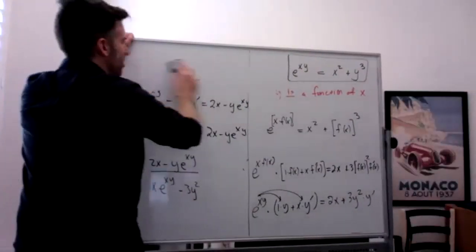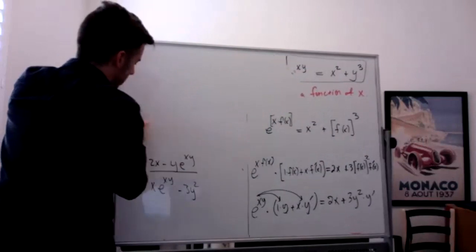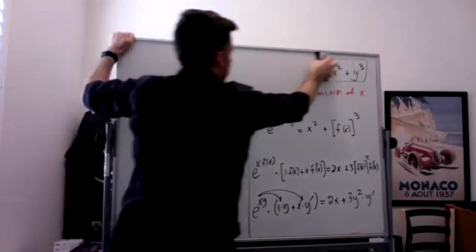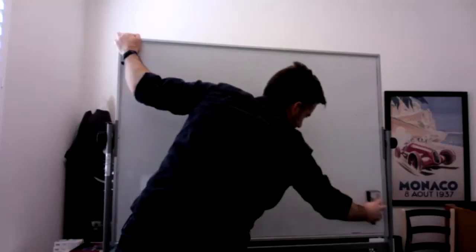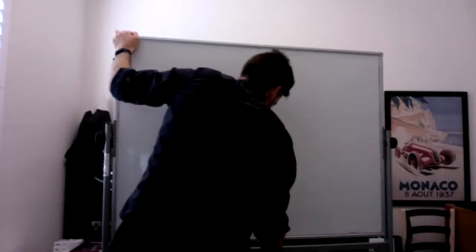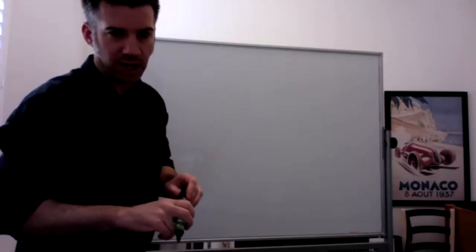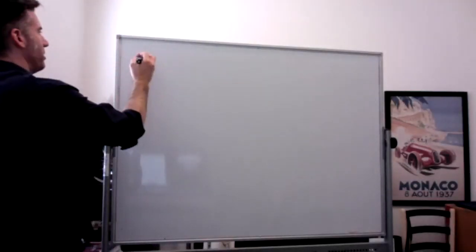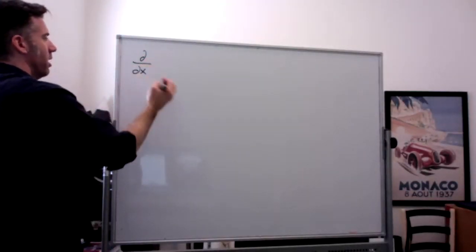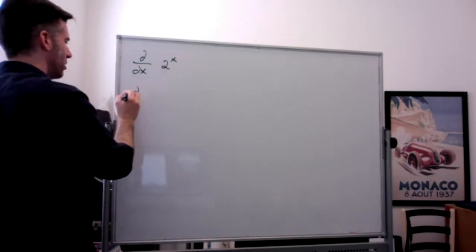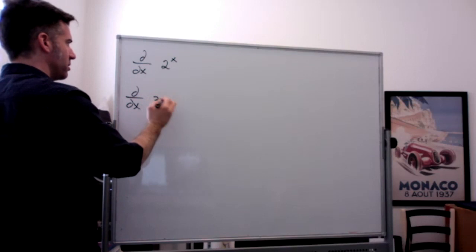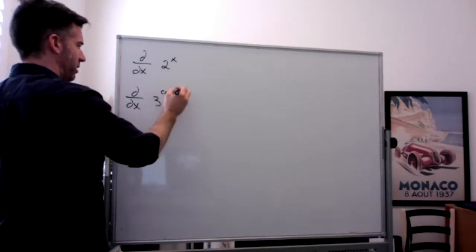So we'll talk about logs. Sorry, I was going to do some other, I guess we have to talk about logarithms first. The big plan for today is to talk about how to differentiate things with different bases, so something like 2 to the x or 3 to the cosine of x.